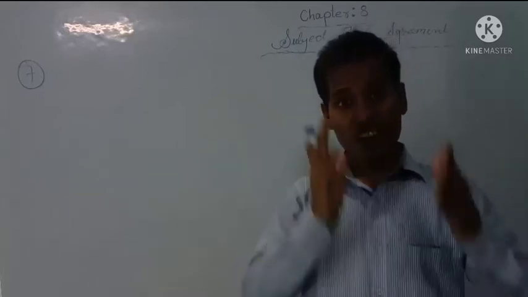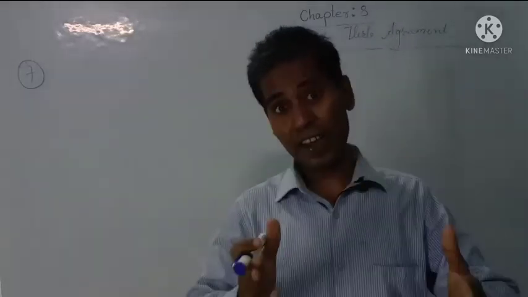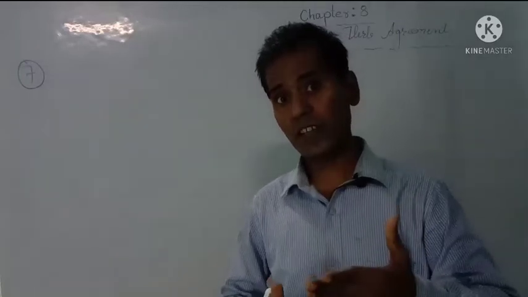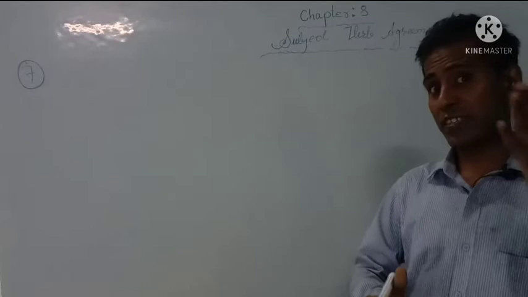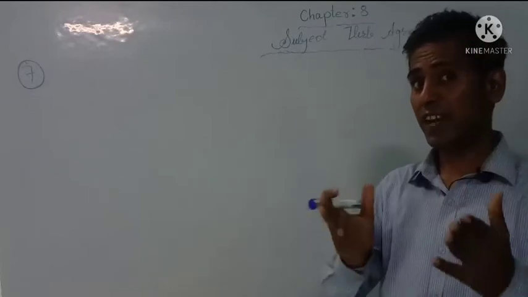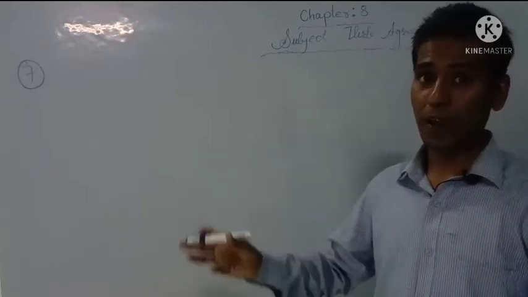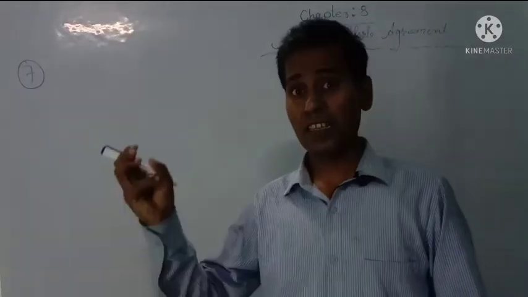Unless they speak about a single idea or a single person, they always agree with a plural verb. But if they speak about a single person or a single idea, in that case we don't write a plural, we write a singular verb.